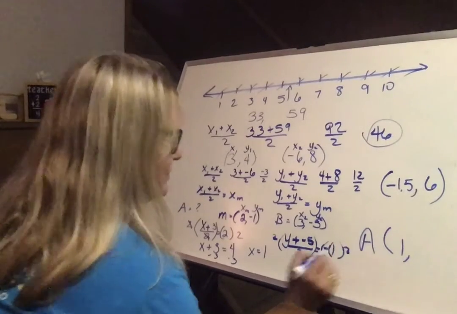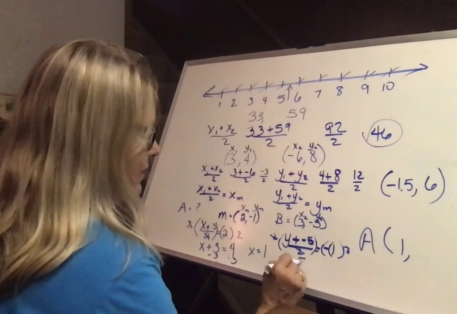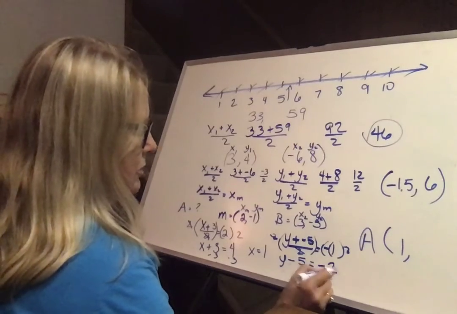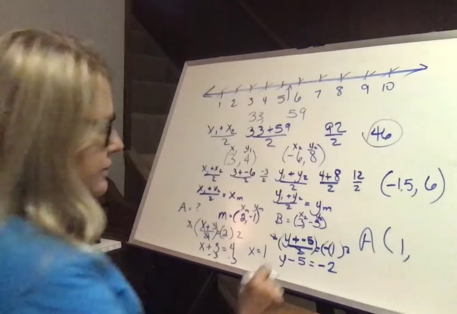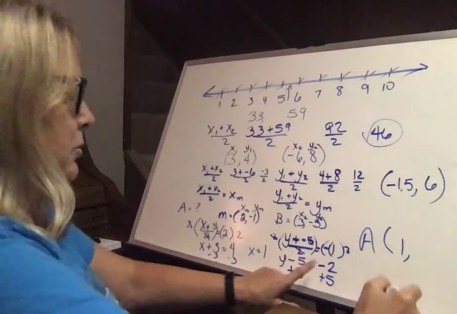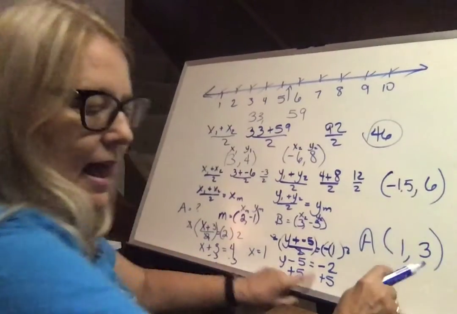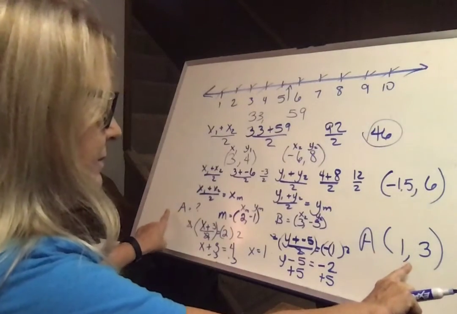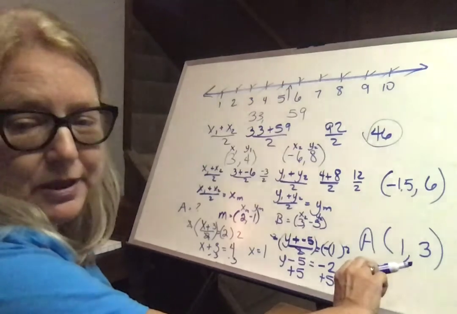Oops, that's a negative 1. These cancel. y plus negative 5, or minus 5, equals negative 1 times 2, which is negative 2. It's a one-step equation. How do we get rid of minus 5? Plus 5. So y equals negative 2 plus 5, which is 3. Halfway between (1, 3) and (3, -5) is (2, -1), which you could double check if you would like.